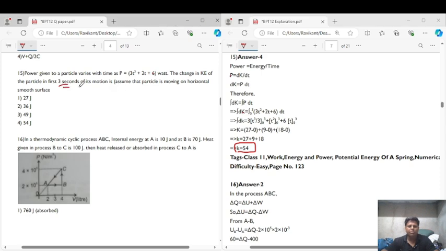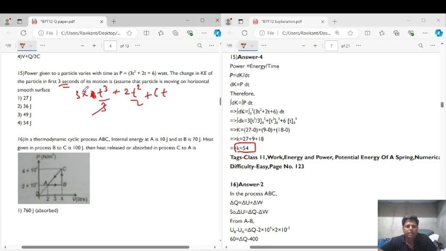So when you integrate P, we will get 3t³ upon 3 plus 2t² upon 2 plus 6t.